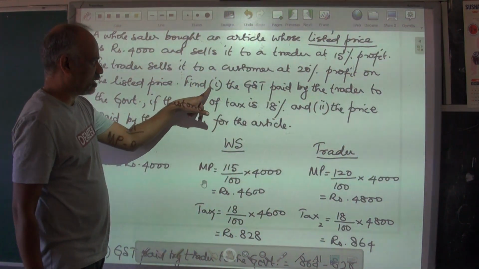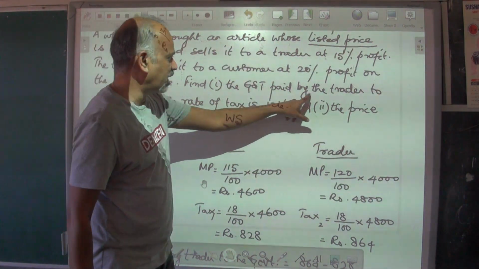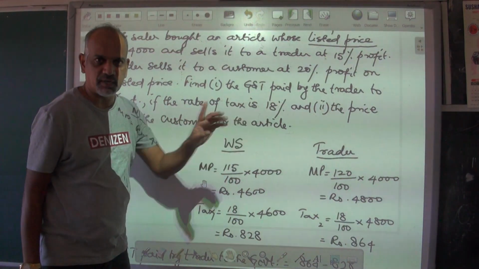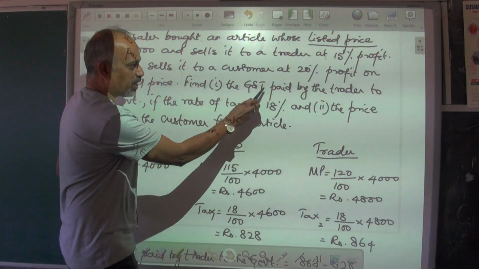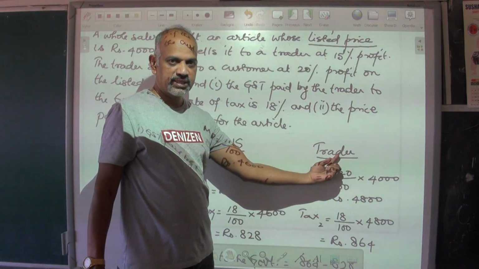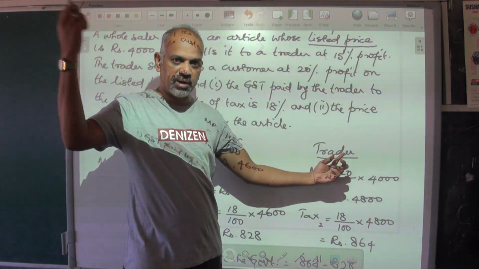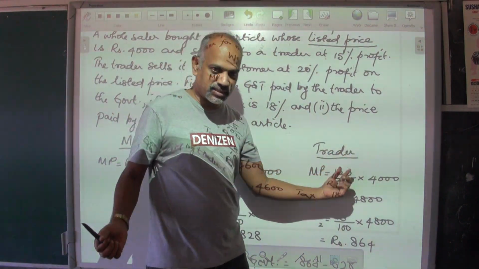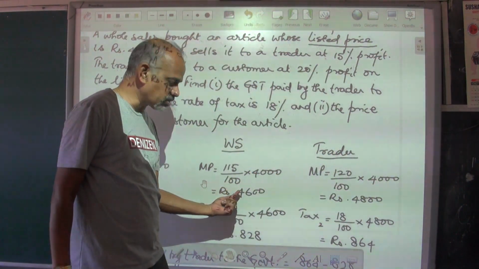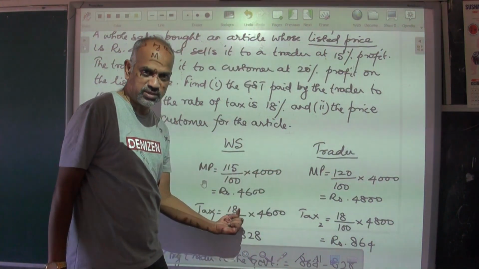The question is, find number 1, the GST paid by the trader to the government if the rate of tax is 18%. GST paid by the trader. The trader is here. GST paid by the trader to the government means he collects some tax from the customer. He has already paid some tax to the wholesaler. Previous person was wholesaler.